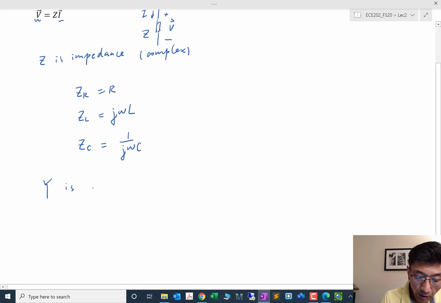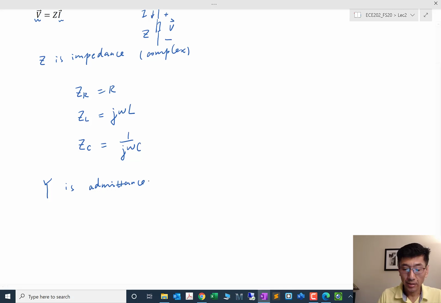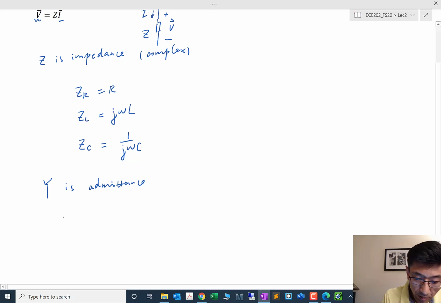Y is the admittance. Admittance is similar to the concept of conductance. Again, here Y is complex. So in that case, I equals Y times V.